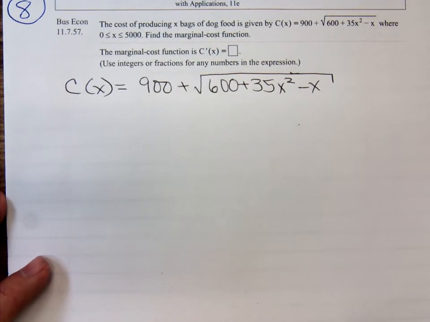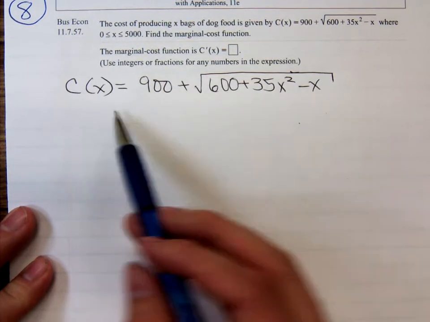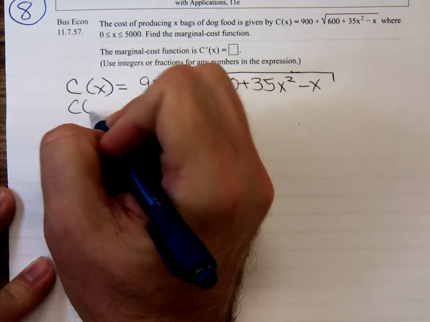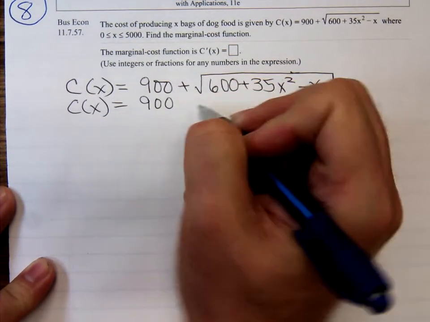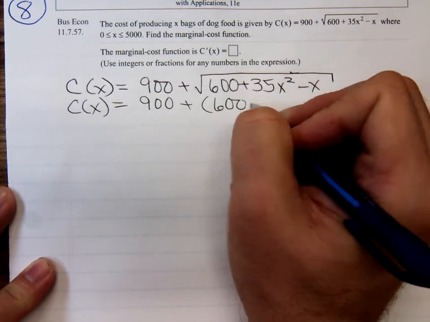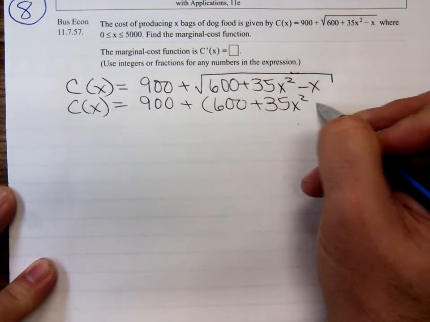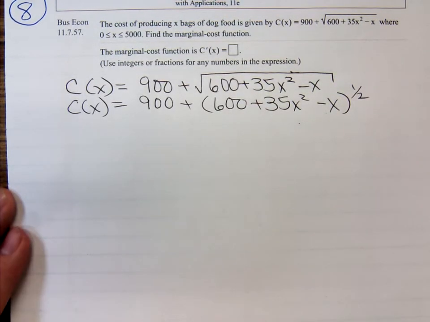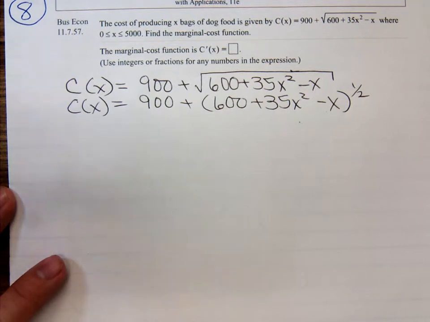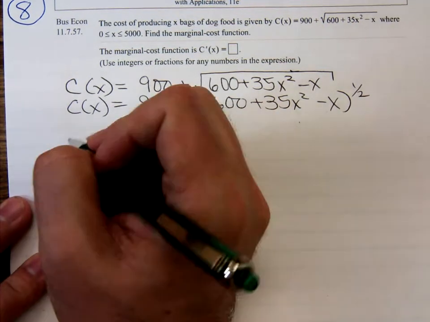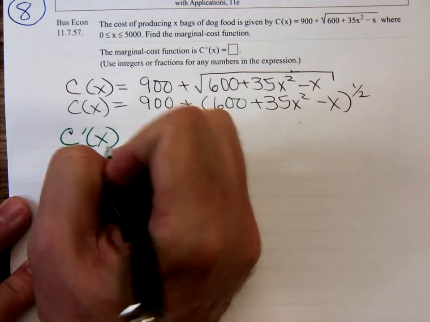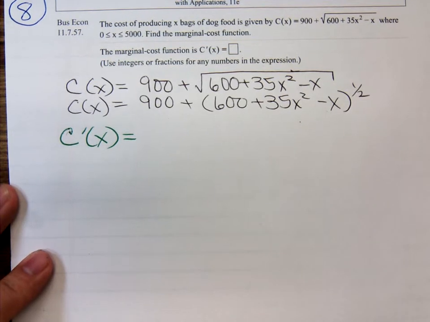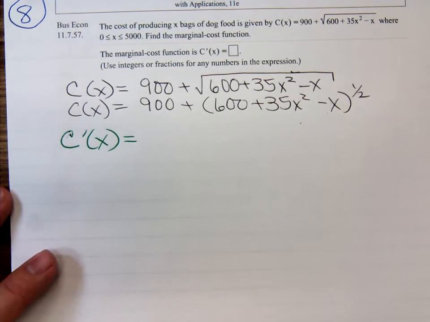I shouldn't have even written it the way it's written there. What should I have done? Get rid of that radical, write it using an exponent of 1/2. And that's the thing I'm going to differentiate. C prime of X. I'll see people getting a 450 at this point, but no.